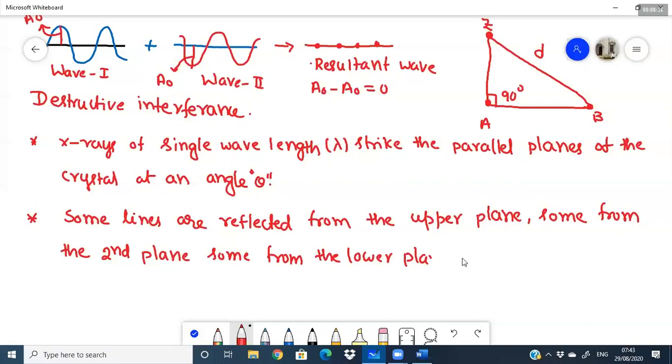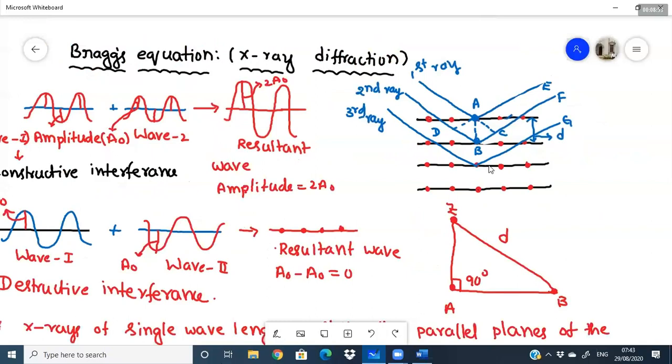The waves reflected by different layer planes will be in phase, and the path length of the waves between successive planes is equal to an integral number of wavelengths. Observe here from the diagram. The first ray is reflected from the upper plane, the second ray is reflected from the second plane, and some of the rays are reflected from the lower plane.